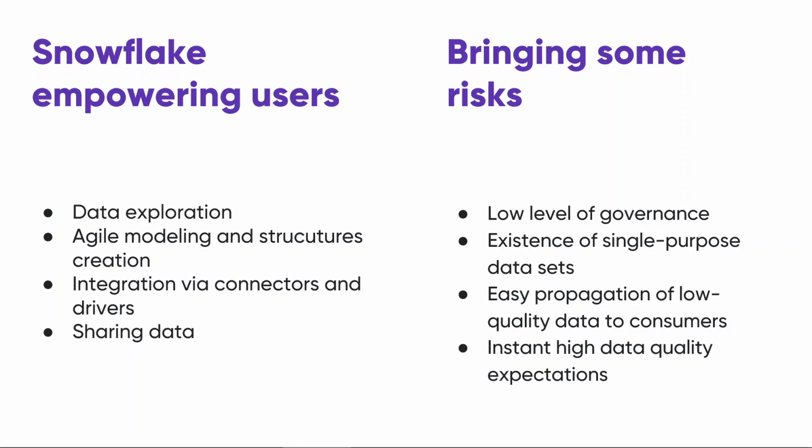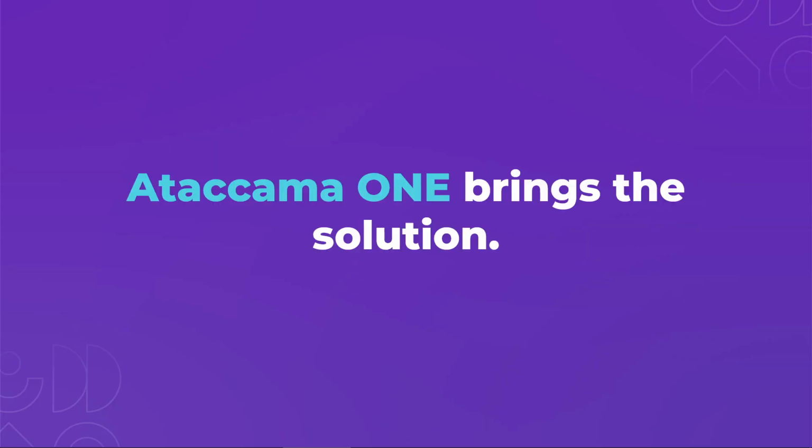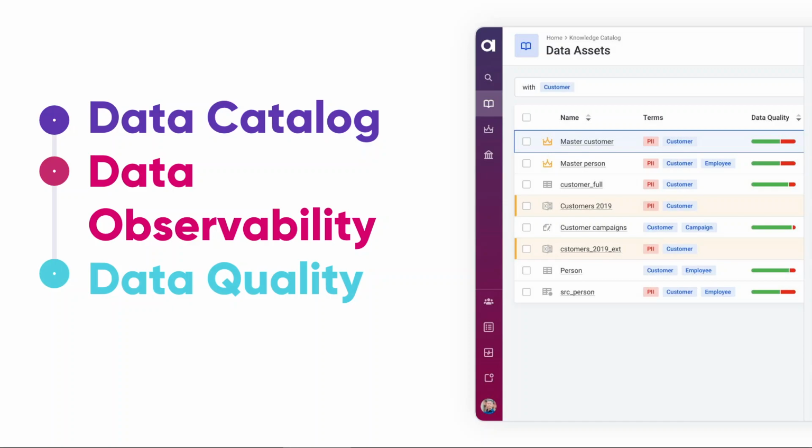If you are familiar with Ataccama 1, it won't be any surprise for you that we are actually bringing solution exactly for this kind of problems, and specifically the challenges I mentioned that are typical for the data analysts and data engineers working with Snowflake can be addressed by introducing Ataccama 1, specifically capabilities of data catalog, data observability, and data quality.